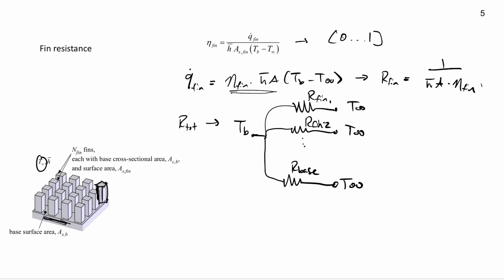So when you're writing out the total resistance for an array like this, you're just going to do the parallel combination of essentially, you treat this here as one big fin and call it N over R fin. And then this is going to be the resistance associated with just the base, the base area that's exposed. Okay. Does that make sense?